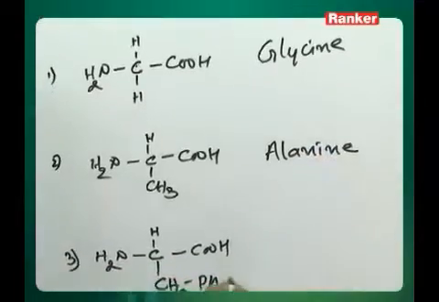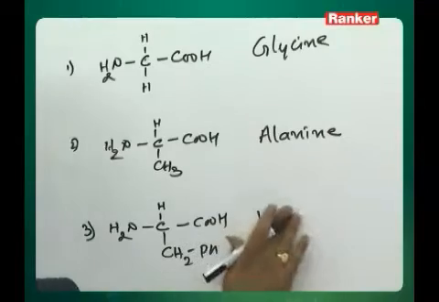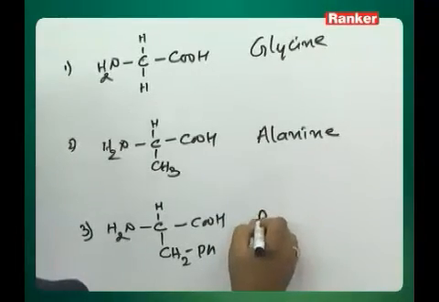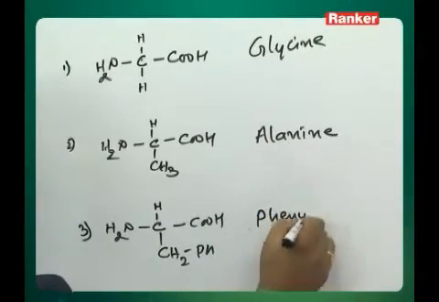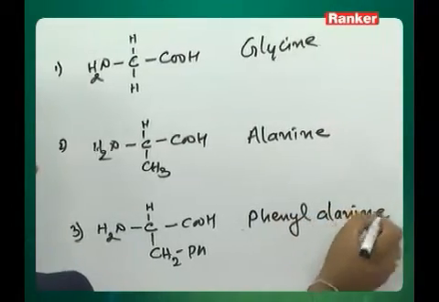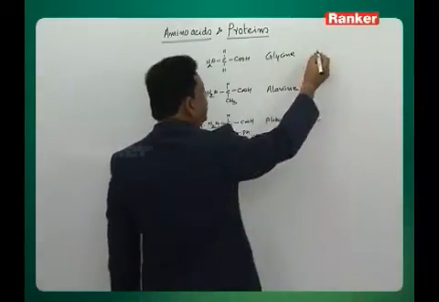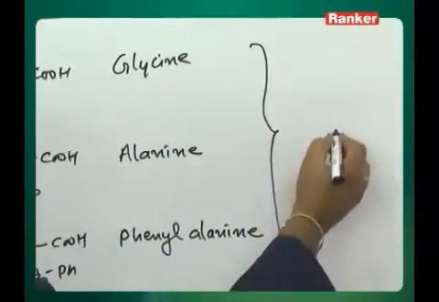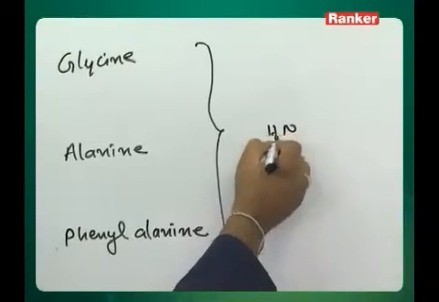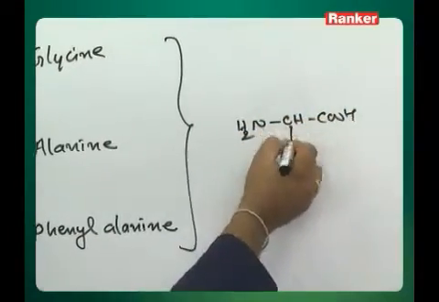One need not remember these, I am just giving the names of these compounds to have an impact. This is called phenylalanine. Now, if you see carefully, all these compounds can be summed up with a structure like this, NH2 and CHCOOH with a group.